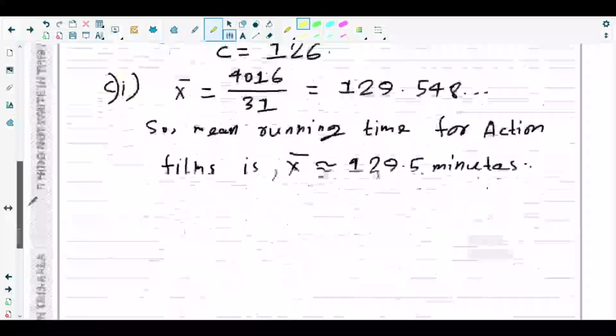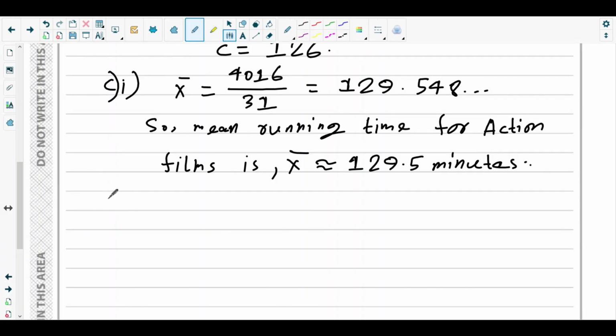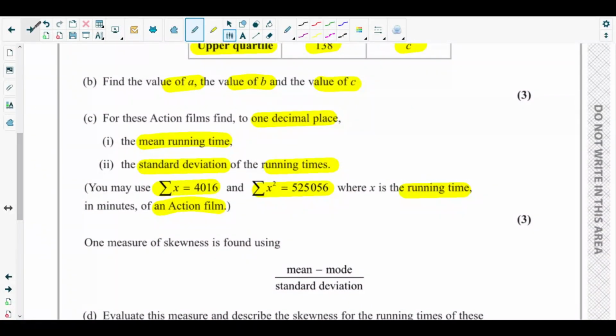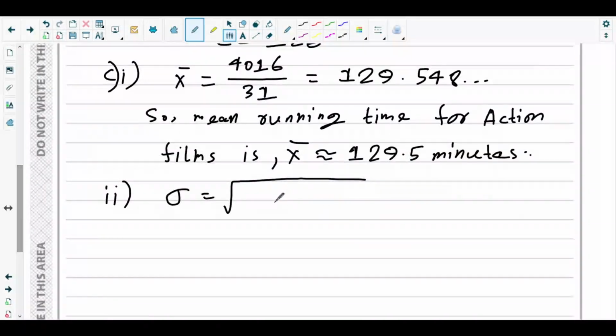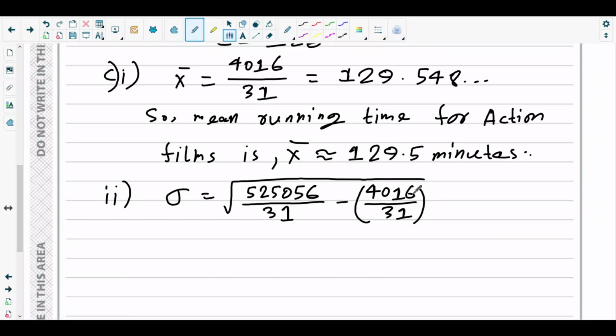The formula for standard deviation, sigma, is the square root of sum of x squared over n, minus the mean squared. Sum of x squared is 525,056, n is 31, and the mean is 4016 over 31.